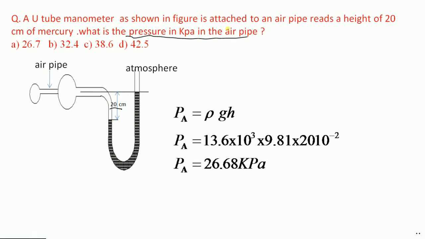We can answer it as pressure at A is equal to rho g h. Density of mercury is 13.6 into 10 raised to 3, and gravity, and height is 20 centimeter, that is 20 into 10 raised to minus 2. So we get the value of 26.68 kilopascal. That is option A. Therefore option A is the correct option.